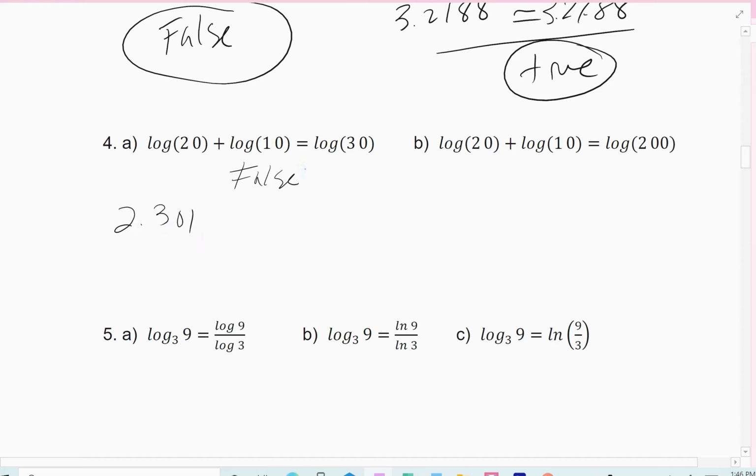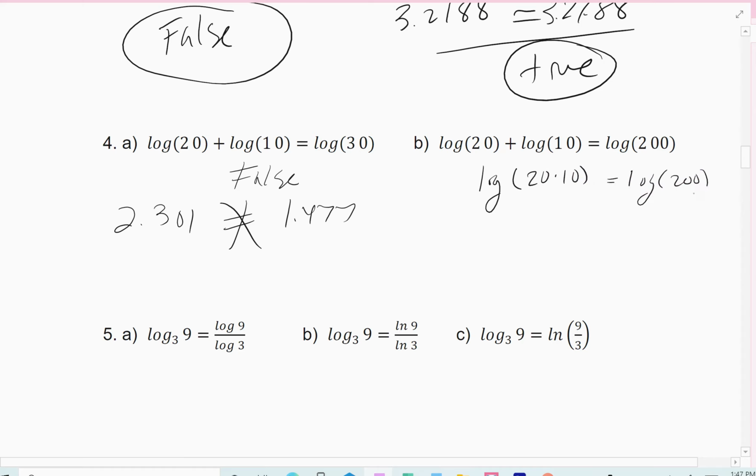If you type in log of 30, it comes out 1.477. Those are not the same. That is not true. What is true is log of 20 plus log of 10 equals log of 200, because the log rule is that when I add, I multiply when I put them together.